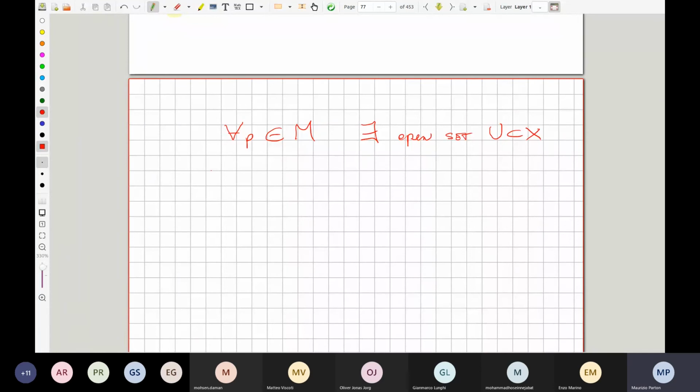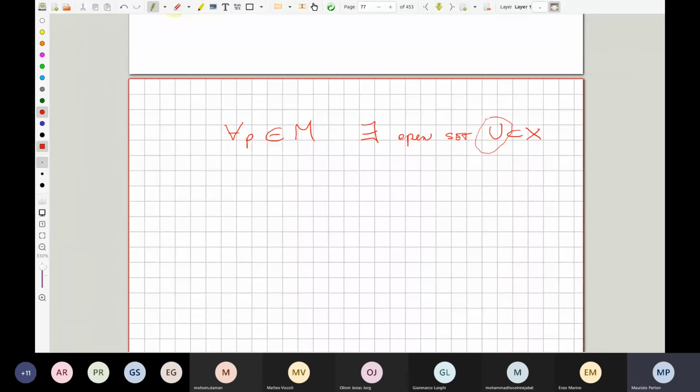And what does it mean that locally looks like? It means that this open set is like R^n. What do you think it means? It is like... What does it mean that homeomorphic? You know this word? Yes, perfect.